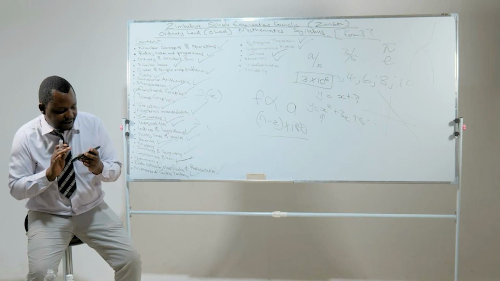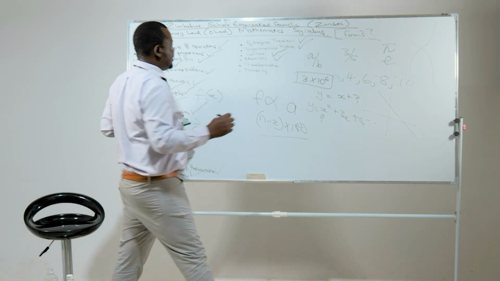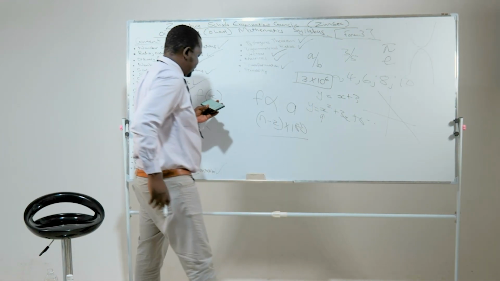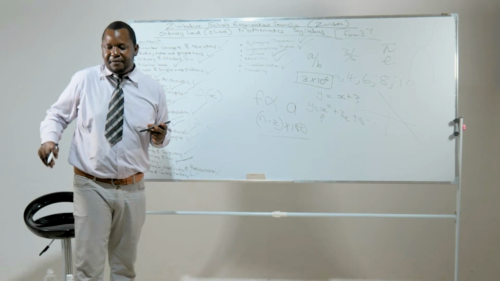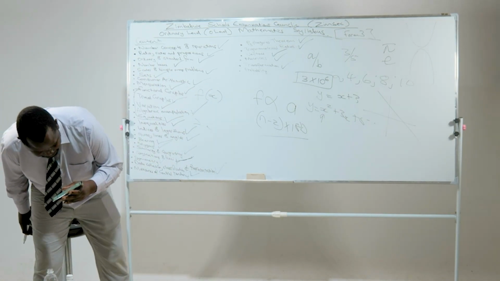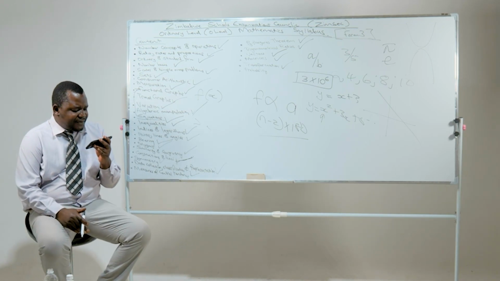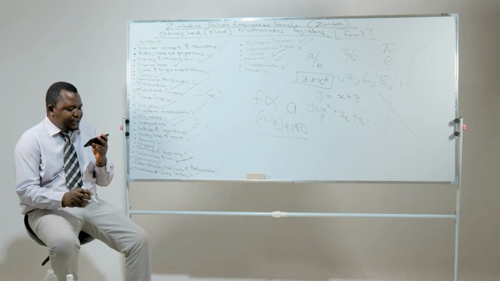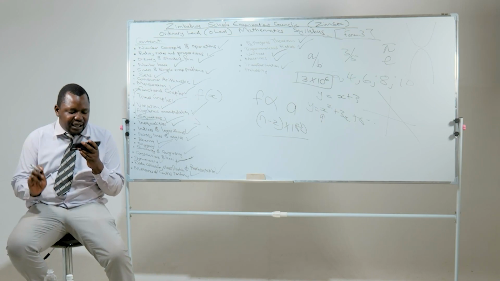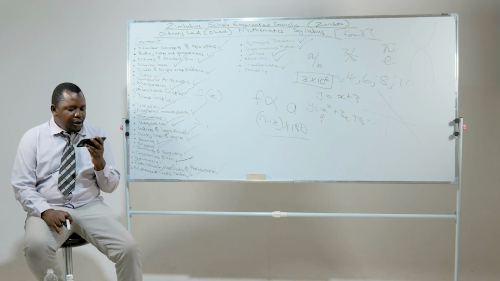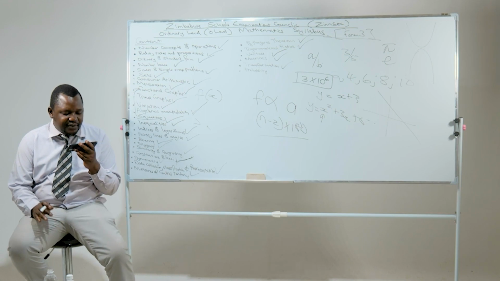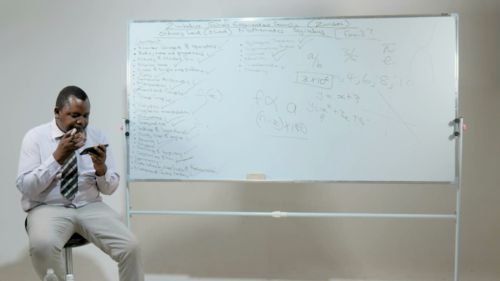Last but not least, in our Form 3 mathematics syllabus, probability, the likelihood of an event to occur or not to occur. So, my objectives under probability are as follows. One, we need to describe experimental and theoretical probability. We need to deduce probabilities from results of experiments.